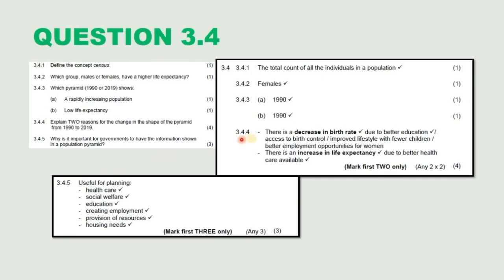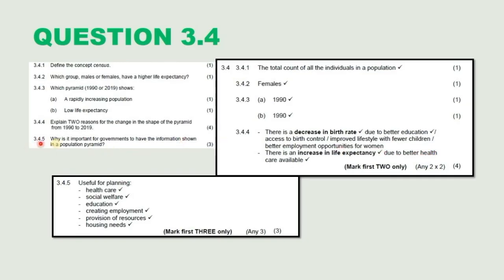So over here, it says there is a decrease in the birth rate due to better education, availability of birth control, or changes in lifestyle, so improved lifestyle, or even better opportunities for women. And there's an increase in the life expectancy due to better health care.